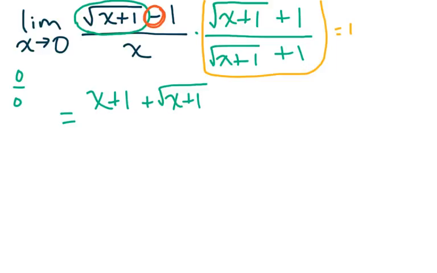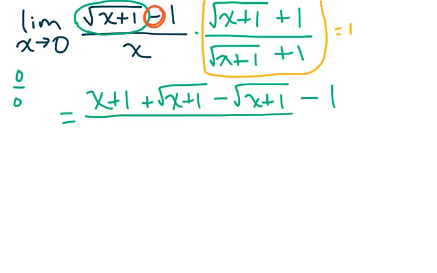The inner terms give me minus square root of x plus 1, and the last terms, negative 1 times positive 1, give me minus 1. In the denominator, I'm not going to multiply anything out. I'm just going to say this is x times the quantity square root of x plus 1 plus 1.